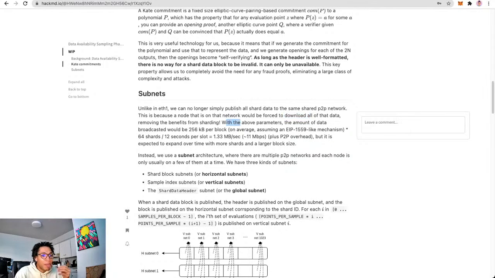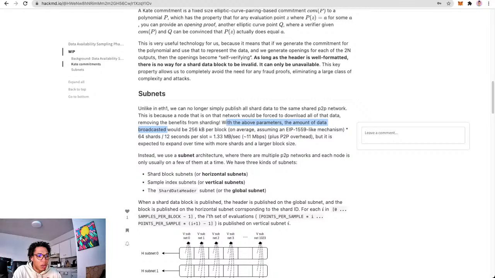With the above parameters, the amount of data broadcasted would be 256 gigabytes per block. Kilobytes per block. On average, assuming an EIP 1559-like mechanism, times 64 shards divided by 12 seconds per block would equal 1.33 megabytes per second, around 11.